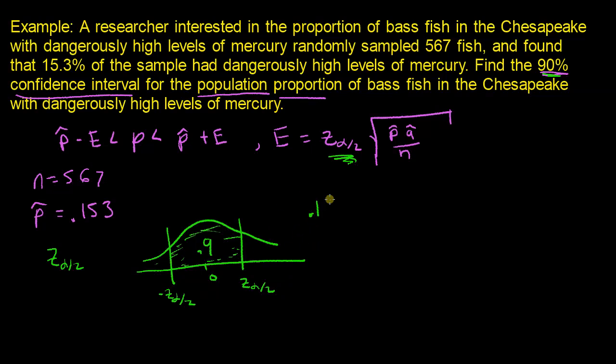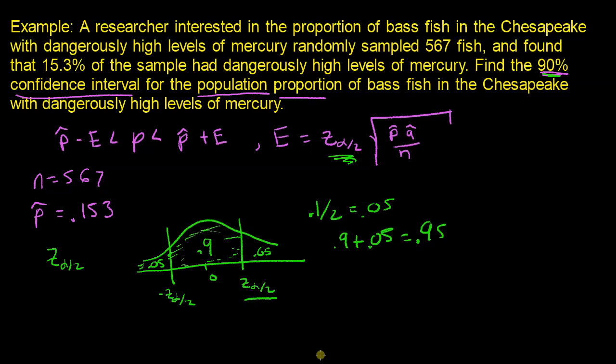So I need to take 0.1 and divide it by 2. So that's 0.05, 5% in each tail. So the total area behind this z alpha divided by 2 is 0.9 plus 0.05, which is 0.95.